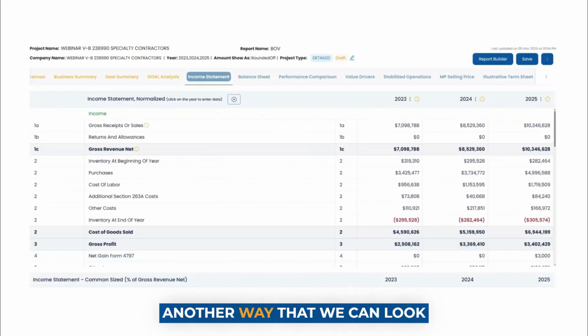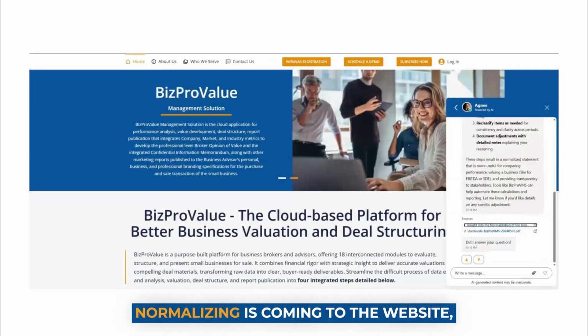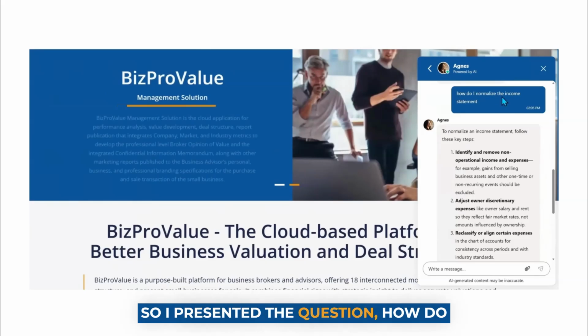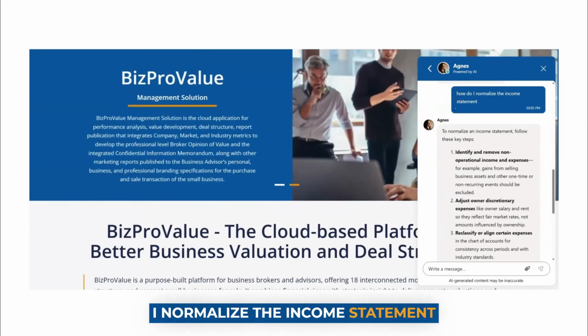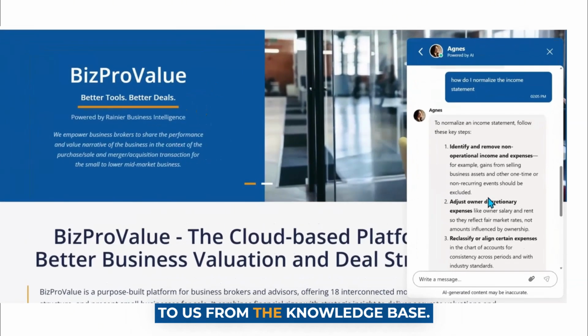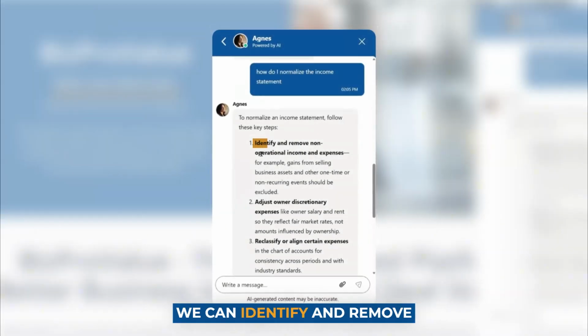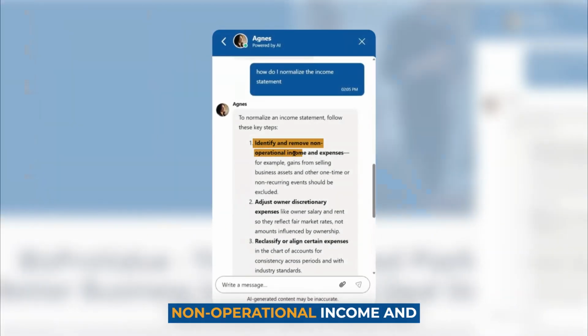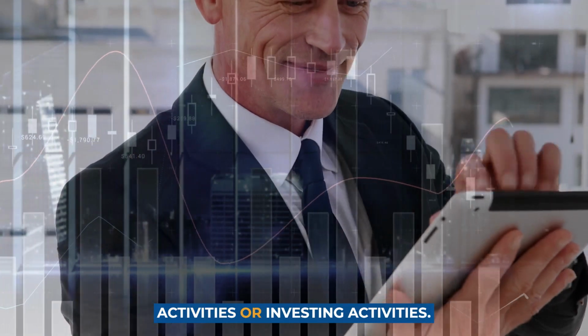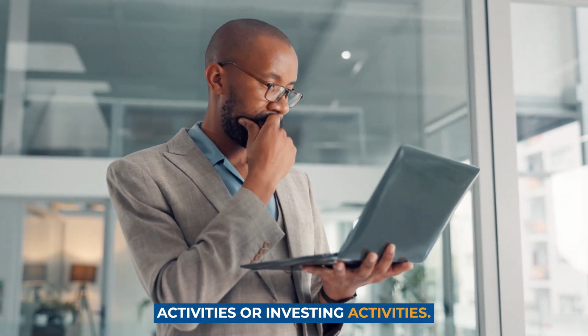Another way that we can look for resources to understand normalizing is coming to the BizProValue website, and we're migrating this resource into the portal. So I presented the question, how do I normalize the income statement? And Agnes returned this information to us from the knowledge base. We can identify and remove non-operational income and expenses, such as those financing activities or investing activities.